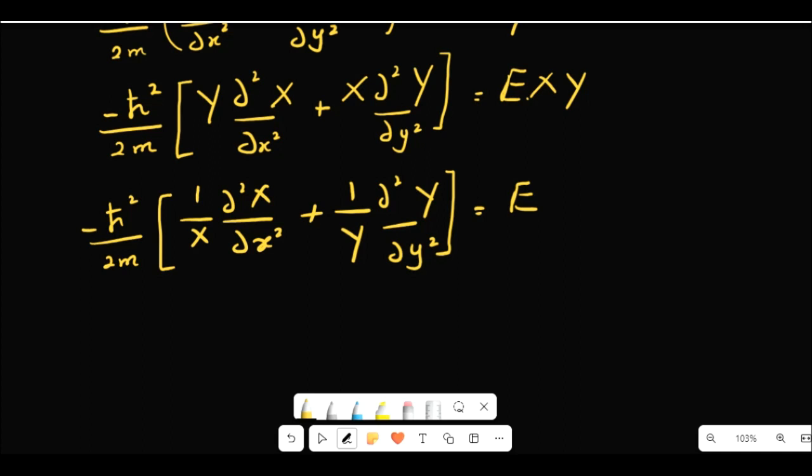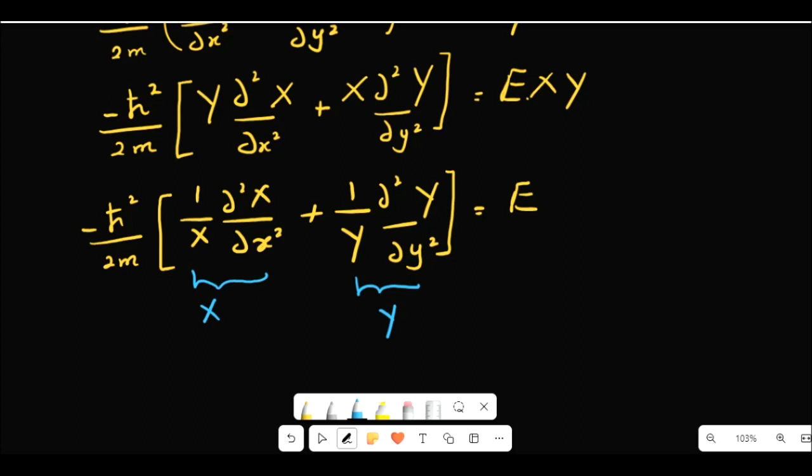Okay, now look at this, right? This part over here is completely dependent on the x component, and this one here is wholly dependent on the y component, right? You can see, if I take this one over here, it will give the energy in the x direction, and this one, with everything multiplying it, this expression will give the energy in the y direction.